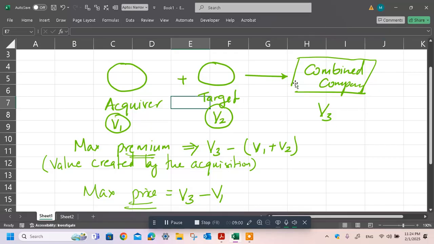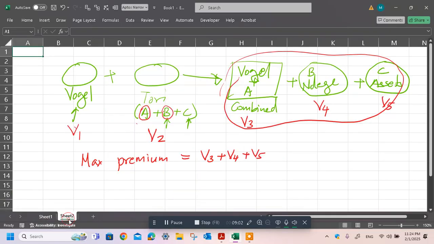That's all here. But this time, it's not just combined company. The business combination creates a combined company and a couple of other entities as well. So all of them are post-acquisition values, V3, V4, V5. From that, you're going to subtract V1 plus V2.